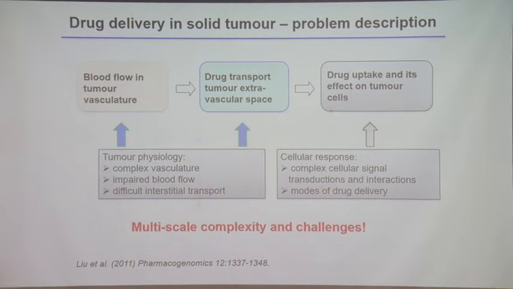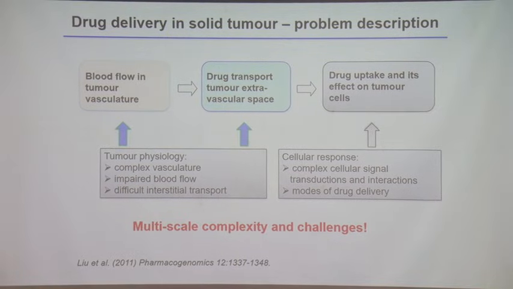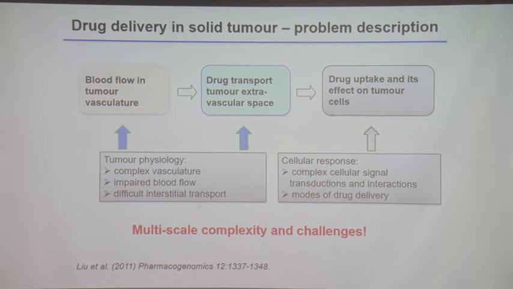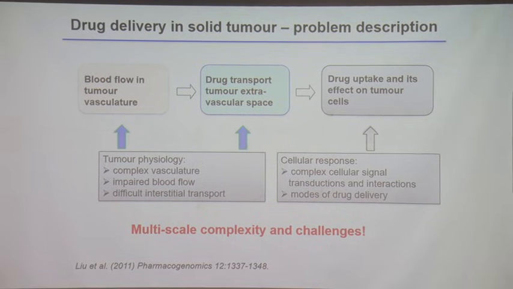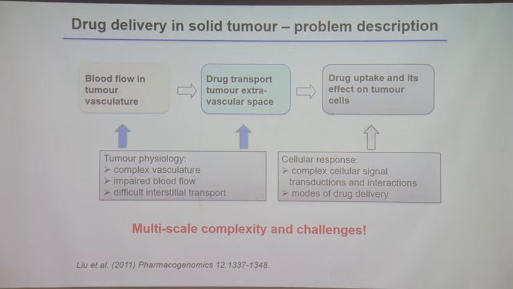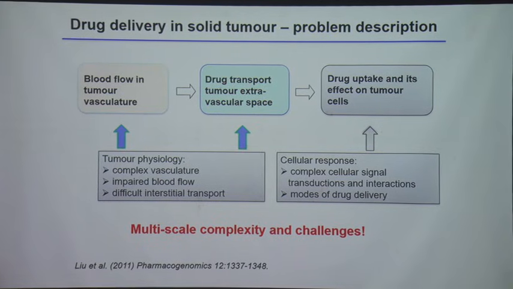And the strategy in terms of developing a mathematical model to simulate this entire process is obviously very challenging. The first part is we need to understand blood flow in tumor vasculature, and then that is connected to drug transport through the tumor extravascular space. And then once the drug reaches the tumor cells, there is drug uptake and effect on tumor cells, whether it's sufficient to kill the cells or not.